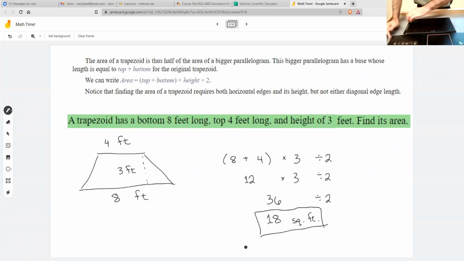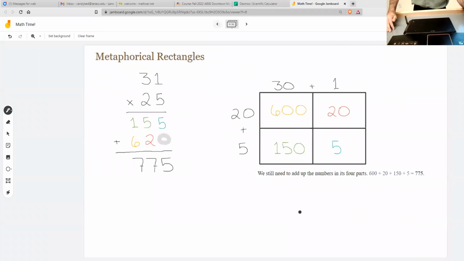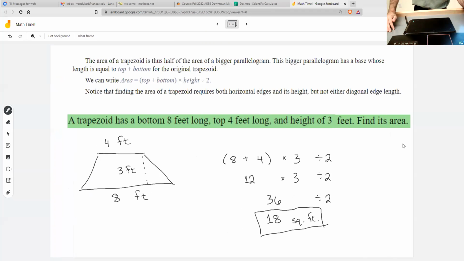So there we go, all the different parallelogram formulas you will care about for your GED. And I think that's them.